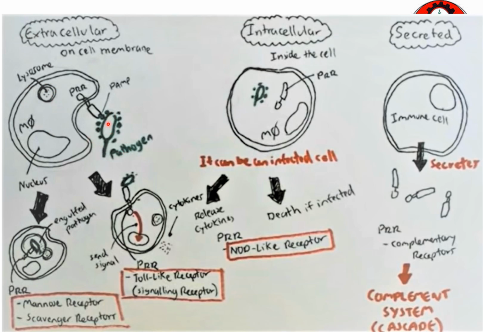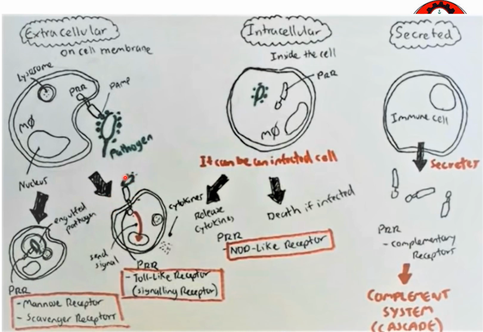So once the PAMP of the pathogen is recognized, it's going to bind to the pathogen recognition receptor, and it's going to internalize or engulf this foreign pathogen, and it's going to lead to either engulfment and killing of the pathogen within the phagosome lysosome, and the pathogen recognition receptor in this case is the mannose receptor or the scavenger receptor.